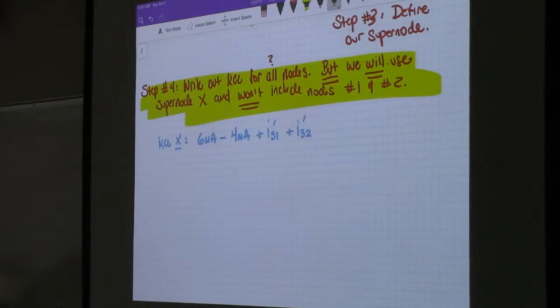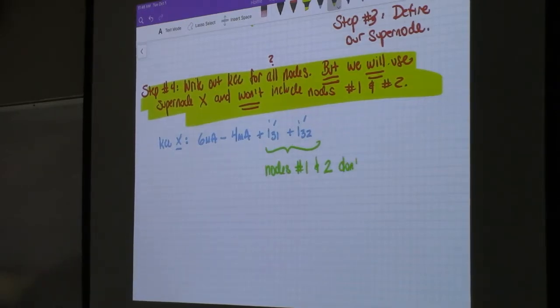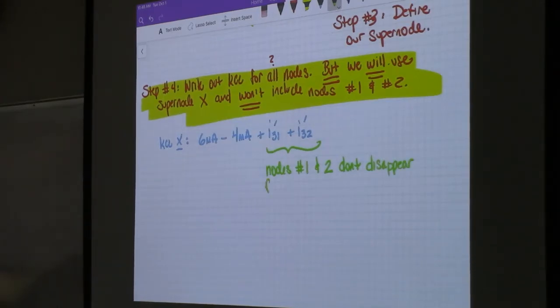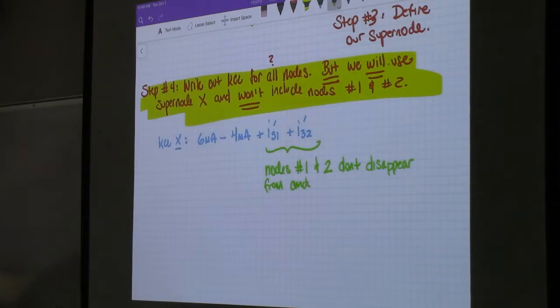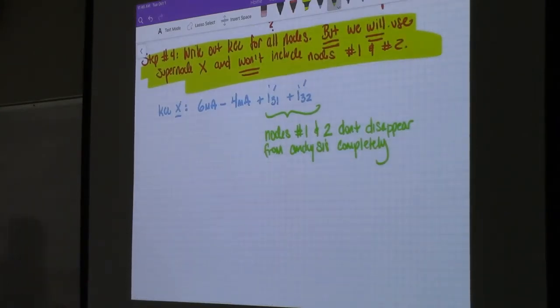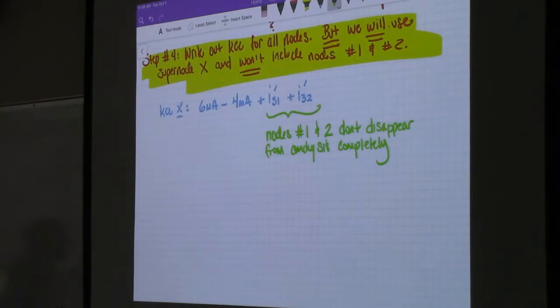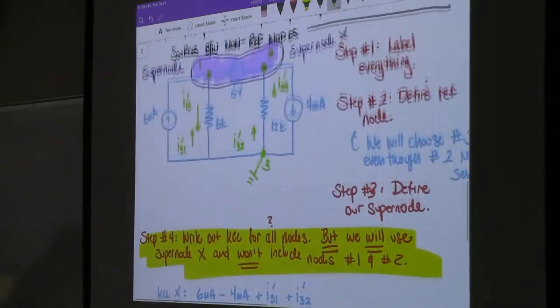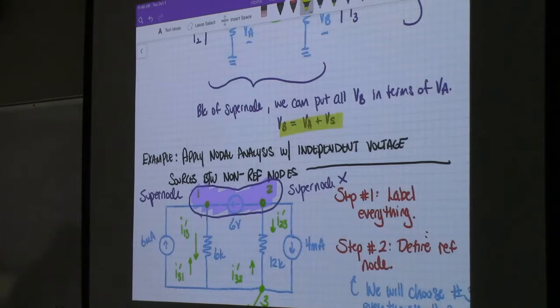And what we see is that nodes number 1 and number 2 aren't going to disappear from the analysis completely. We're still going to have to use them, and that's where this substitution right here will come into play.